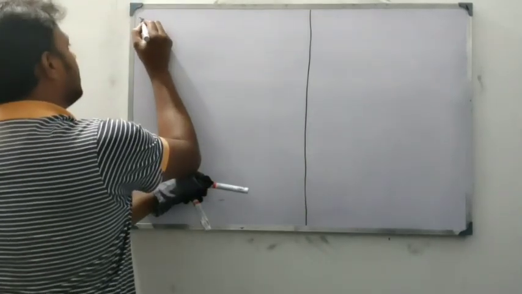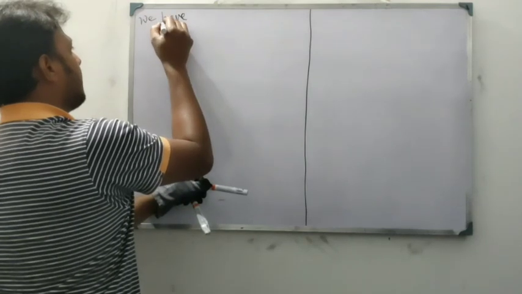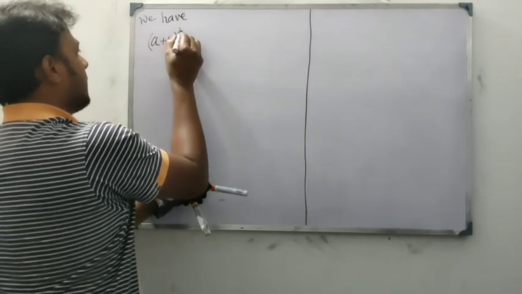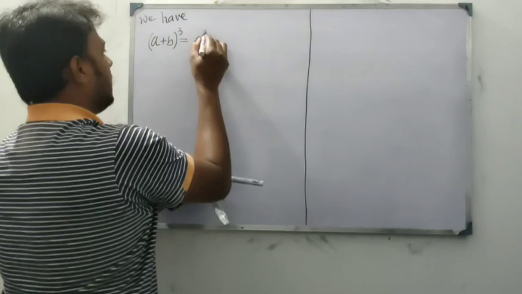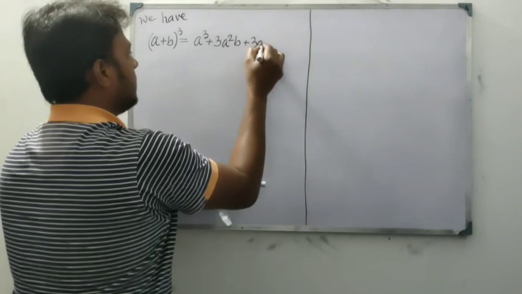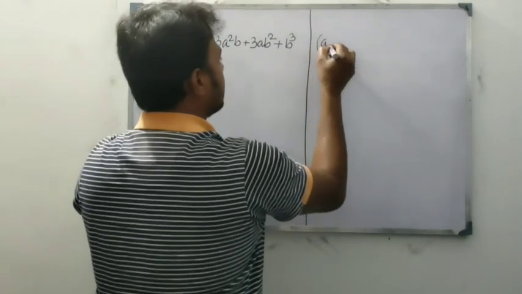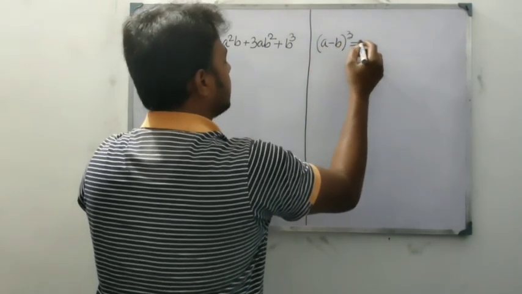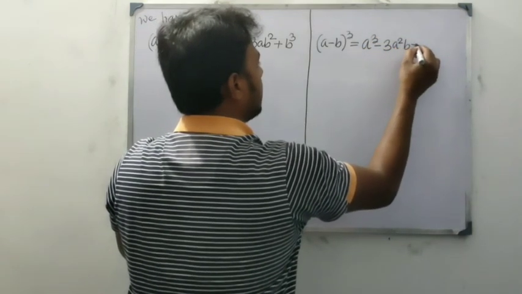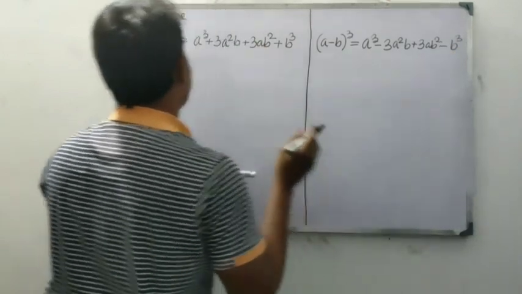So now we have two identities. We have (a + b)³ = a³ + 3a²b + 3ab² + b³, and another one for (a − b)³. (a − b)³ = a³ − 3a²b + 3ab² − b³.